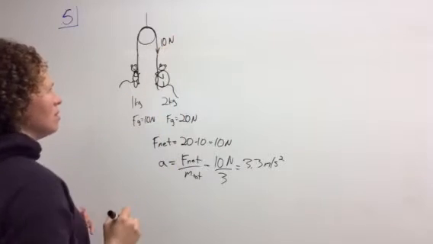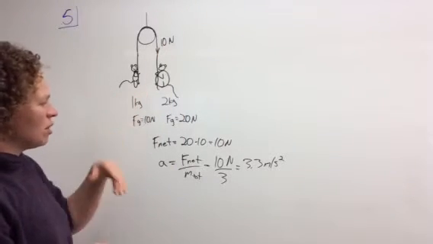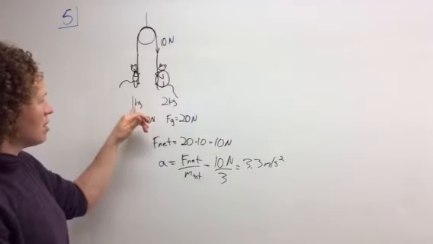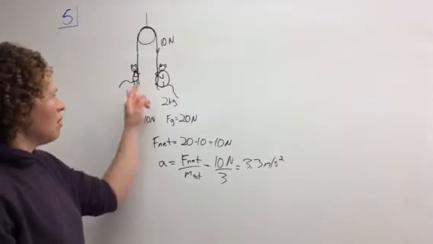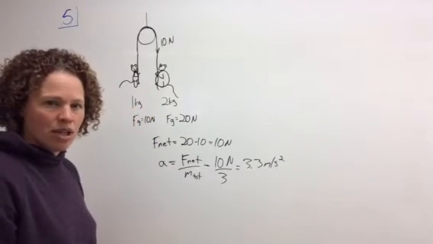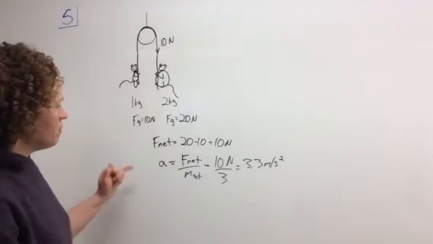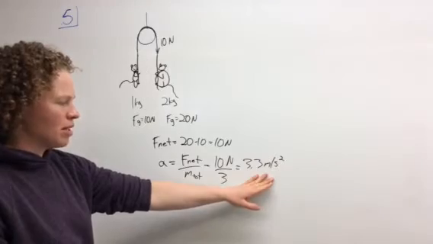So there's your 10 newtons. And that's going to be affected by the mass of the system, which equals 3 kilograms, because this guy's 1 kilogram and that's 2 kilograms. Makes sense that the mass of this little guy is going to slow down the system accelerating. So we use those numbers together, we get our acceleration of 3.3 meters per second squared.